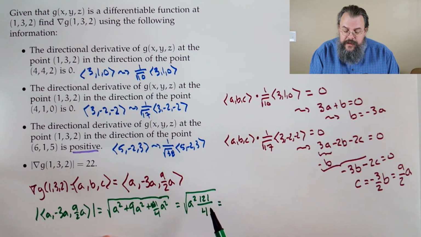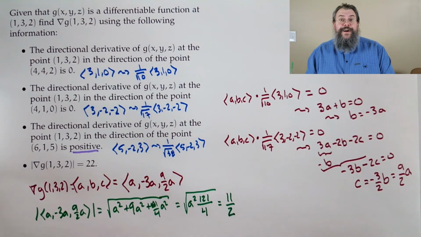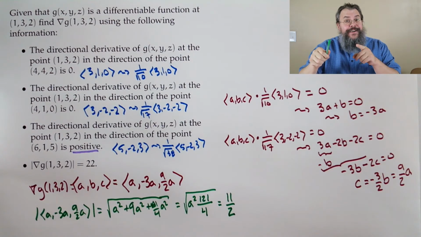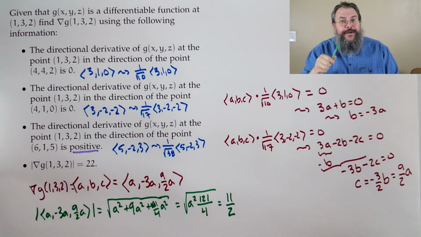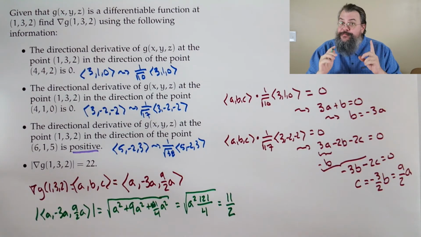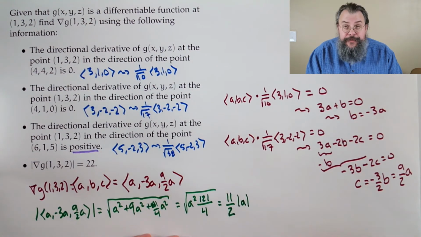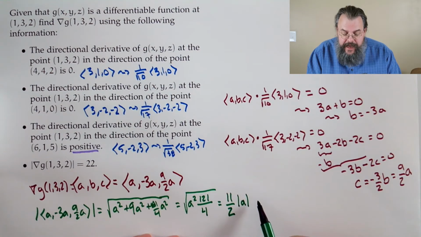Taking the square root of 121 over 4 is 11 over 2. Square root of a squared is... careful. I know you wanted to say a. It's actually the absolute value of a. So we have to be careful. And now that all equals 22.